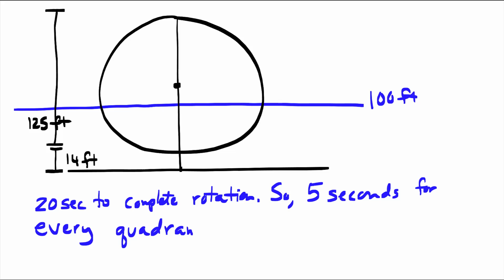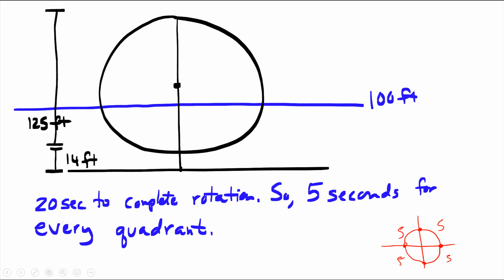Well, let me go off to the side right over here. From the cart's start to here, it's going to take 5 seconds. Then from here to here, another 5 seconds. Here to here, another 5 seconds. And back here, and there's your 20 seconds to make a full rotation.